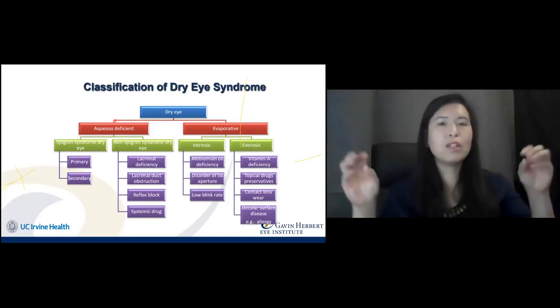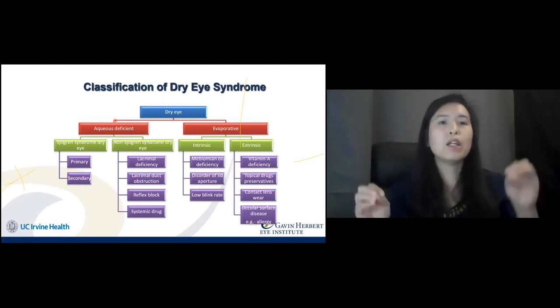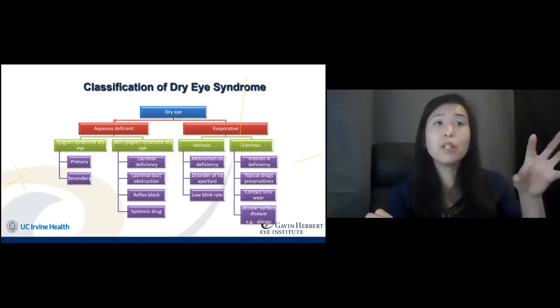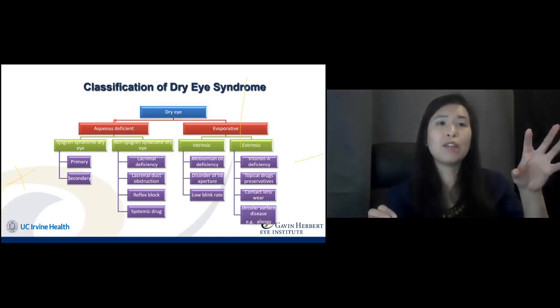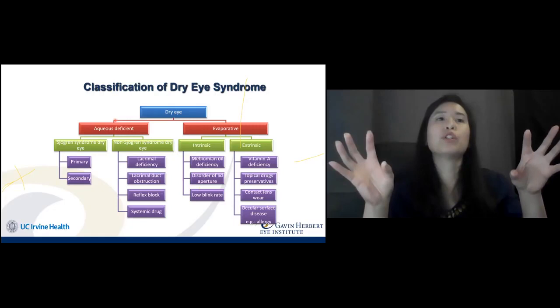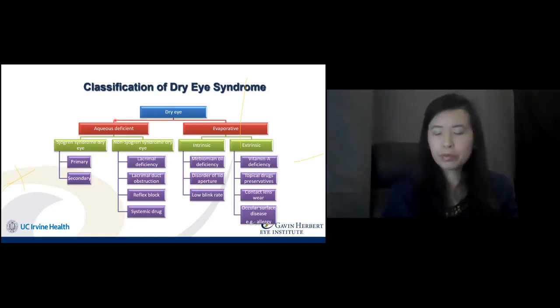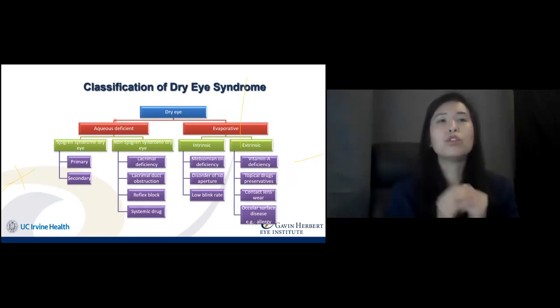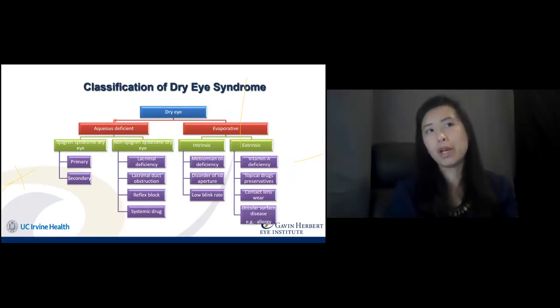So making it really simple, I'm saying, are you missing or you have a problem with the watery portion, or are you missing or having a problem with the oily portion? So there are some patients that have both. But if you are a dry eye patient, I encourage you to try to understand where you fall in these categorizations so that you then understand what you should do about it.